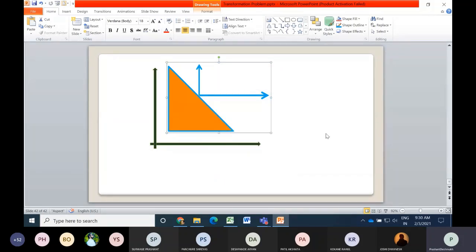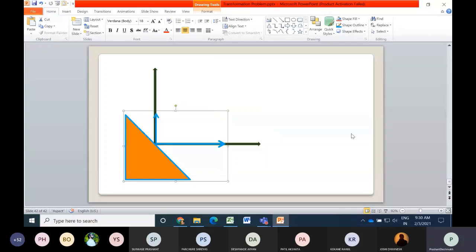First step will be bring this point P to origin. This can be done with the help of translation.